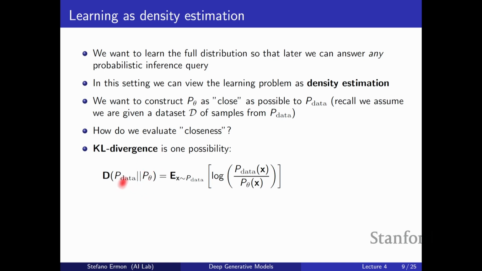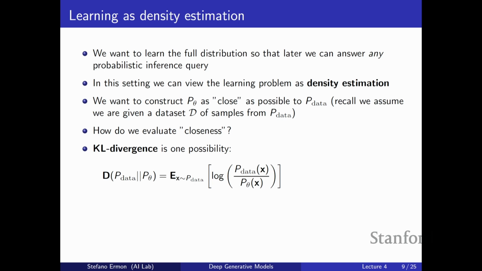I can measure how similar my model is to the data distribution by looking at this object. Intuitively, if you think about this formula, I'm going to look at all possible, let's say, images that could come from the data distribution, and I'm going to look at the ratio of probability assigned by the data distribution and the model. So I care about how different the probabilities are under the model and under the data distribution.